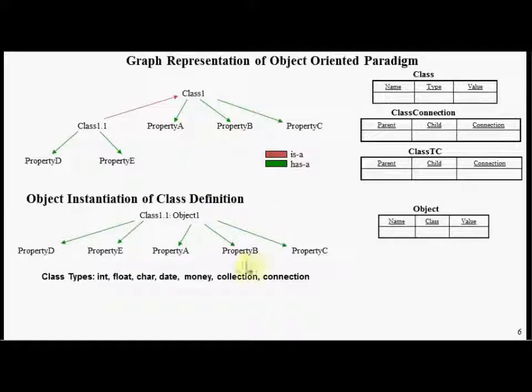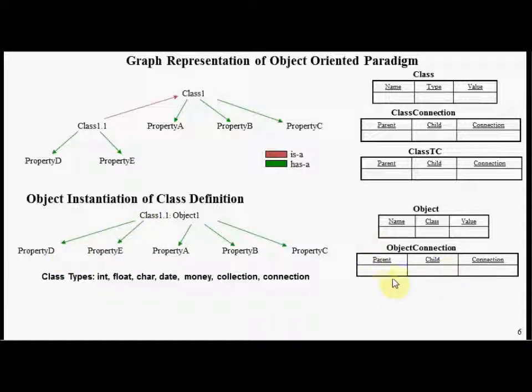Let's look at the tables needed to support our object graph. We have a table called object, which represents the nodes of our object graph. Again, it is basically a name-value pair with a class column representing the kind of class that we're instantiating, including the class properties. We also have an object connection table, which represents the connections of our object graph.